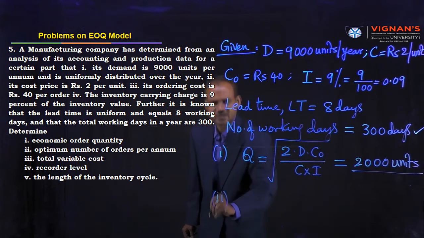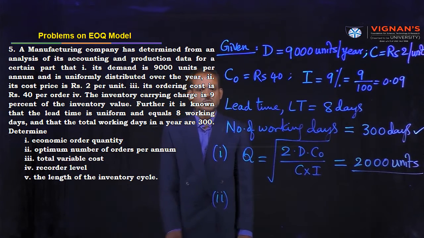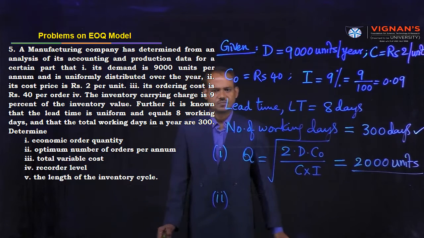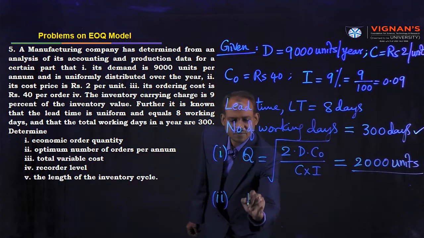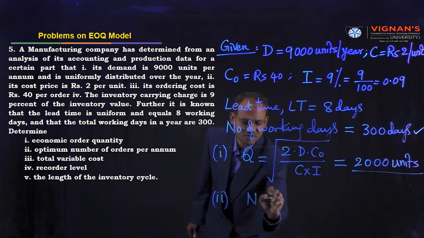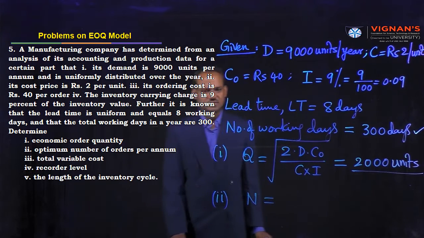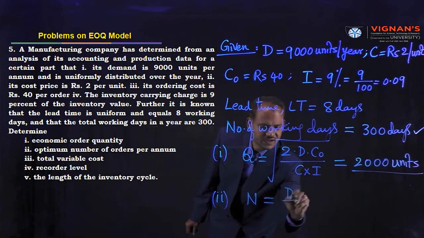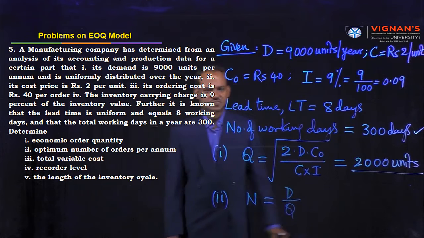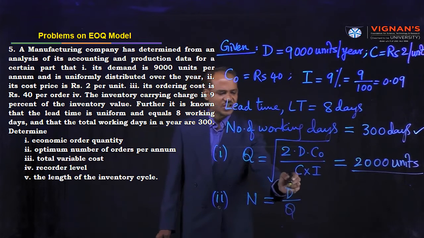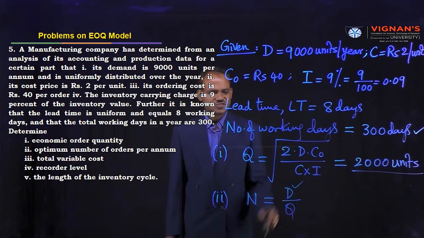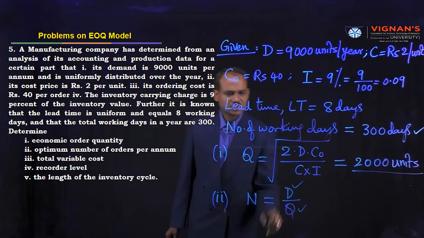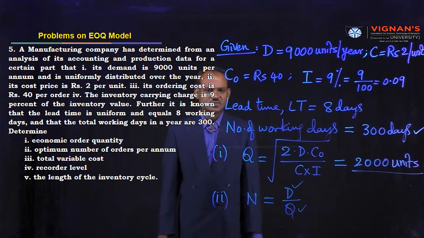Next, coming to the second bit. What is the second bit? Optimum number of orders per annum. Optimum number of orders, capital N. Remember this formula. N is equal to D by Q. D means annual demand. Each time we are ordering Q quantity.